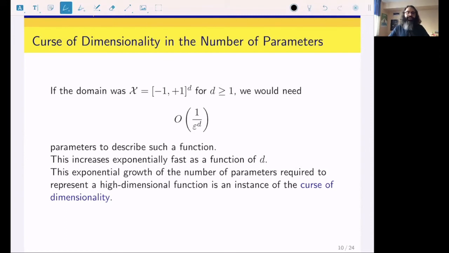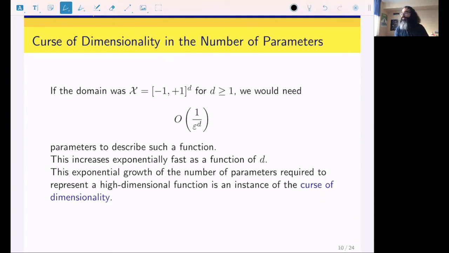But they use it, but they can also use wavelets. I'm sure people have used wavelets. They definitely use Fourier basis for function spaces that don't have very high dimensions, which is actually this point that I'm going to talk about. So this is the curse of dimensionality in the number of parameters.